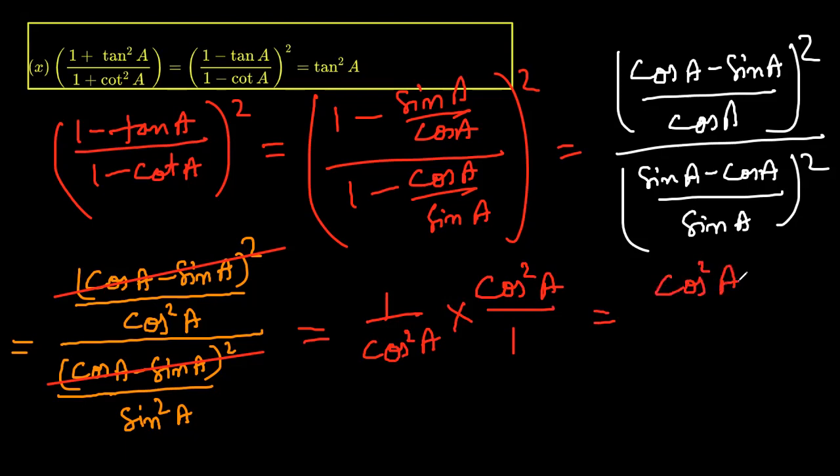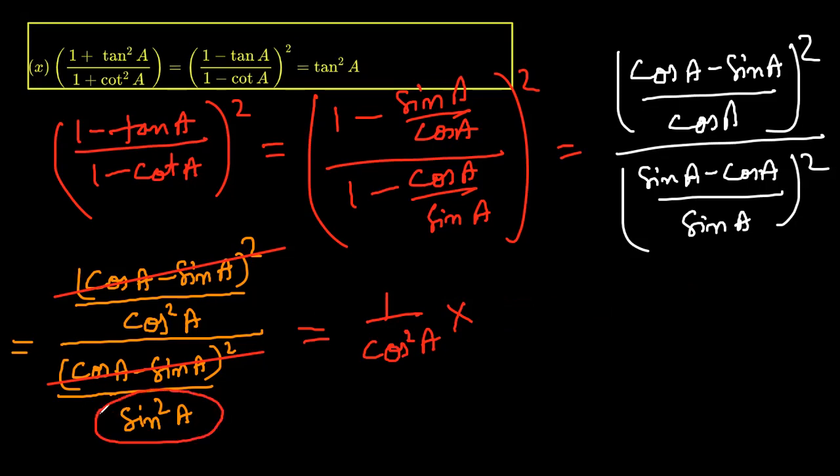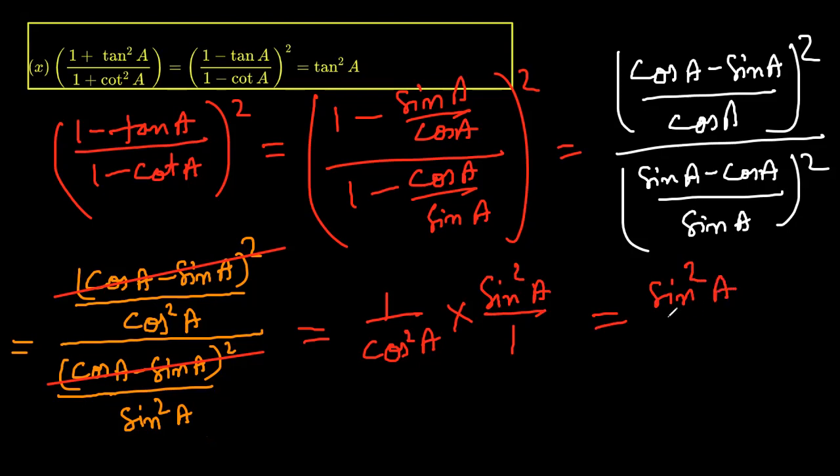Oh, is that so? No, it will go up. Hold on. This denominator is going into numerator, no? So well, this would be sin square a over 1, which is equal to sin square a divided by cos square a, and sin square a by cos square a is equal to tan square a.